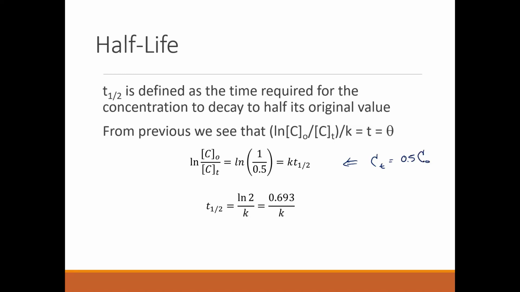If we substitute, we end up with natural log of 1 over 0.5 equal to K times the half-life. And your half-life is simply equal to ln 2, or ln of 0.5, over K. So it depends whether it's growth or decay. If it's growth, it will be positive. If it's decay, it will be negative.